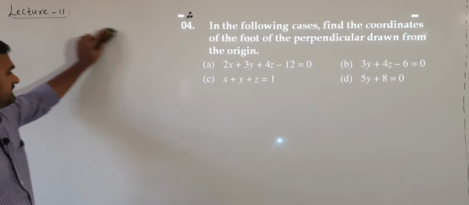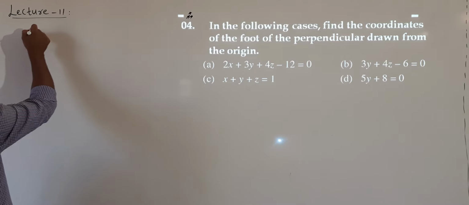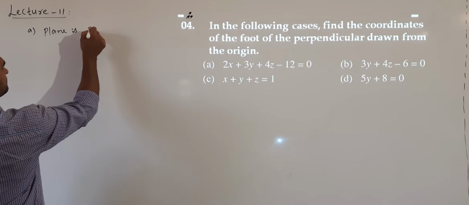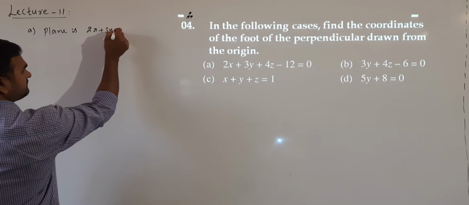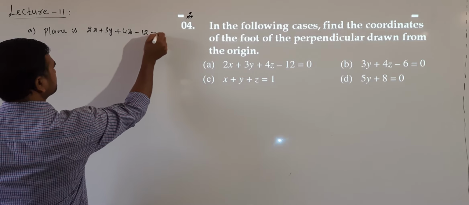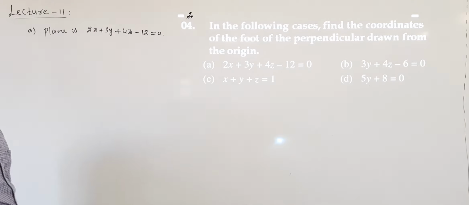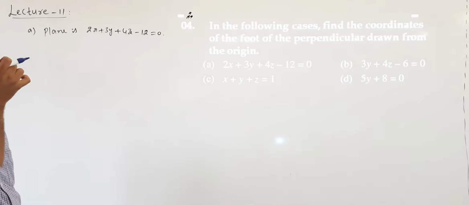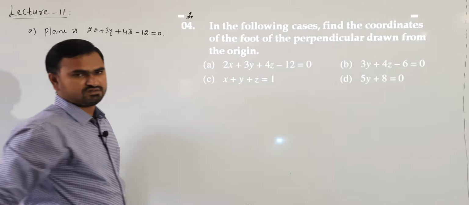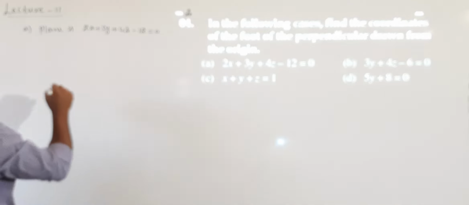So take the first part. The plane is 2x plus 3y plus 4z minus 12 is equal to 0, or 2x plus 3y plus 4z is equal to 12 we can write. Now from where are we drawing the foot of perpendicular?